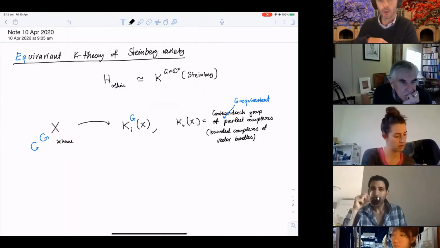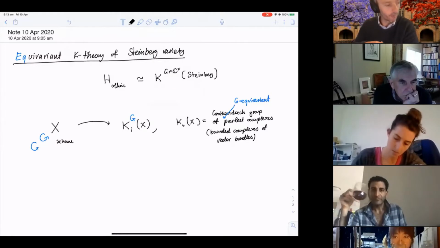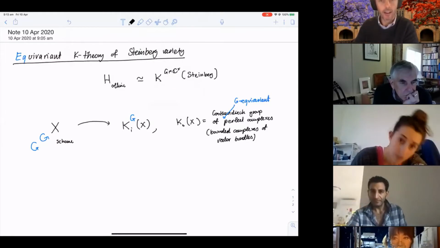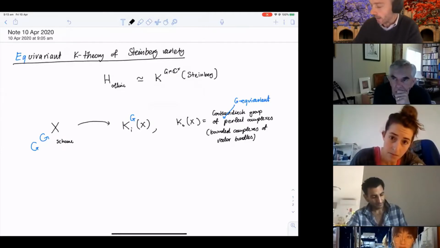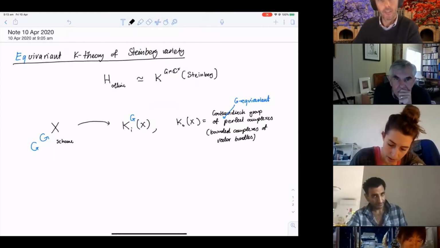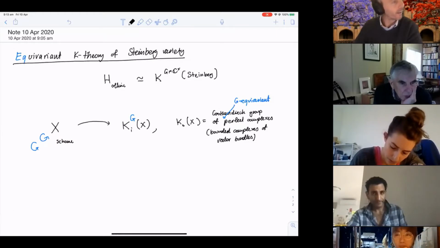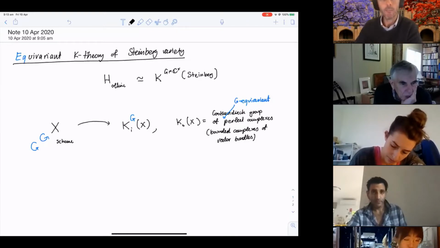The K groups were invented by Grothendieck to state the Grothendieck-Riemann-Roch theorem. And the idea of K groups was then taken up by Atiyah and Hirzebruch, and they defined topological K theory. Topological K theory was enormously powerful. It is linked up with the Atiyah-Singer index theorem.